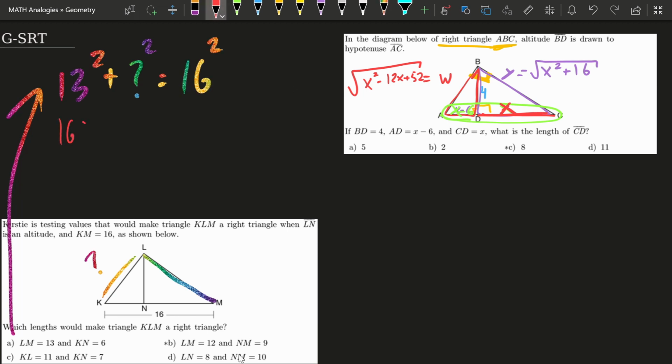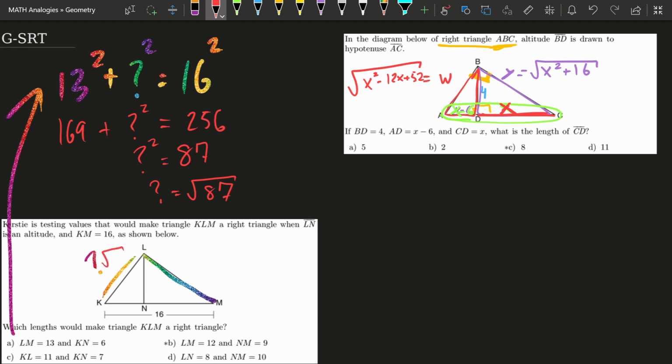So 169 and 256. Is that going to work out? Our mystery squared would need to be the difference. So 87, which doesn't exactly have a nice square root.